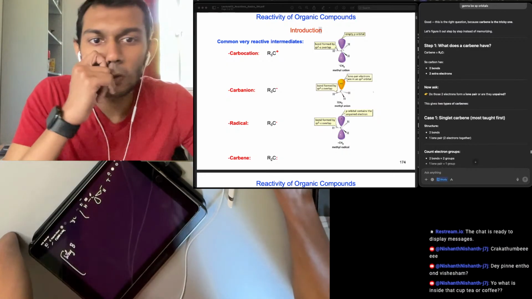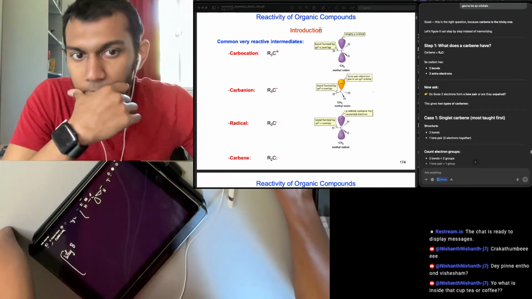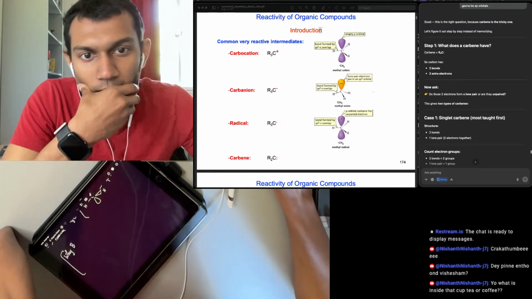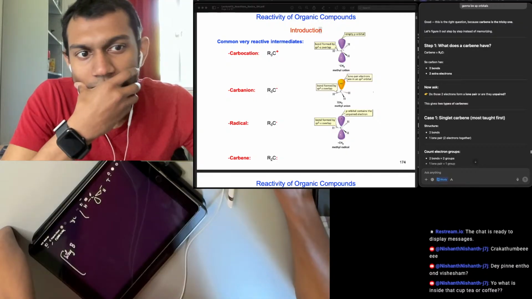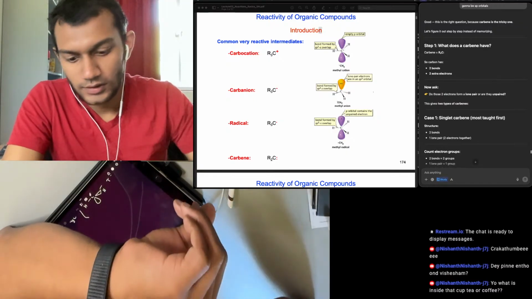So p orbital half full, sp2 hybridized, sp2 orbital half full. So it has an sp2 orbital.